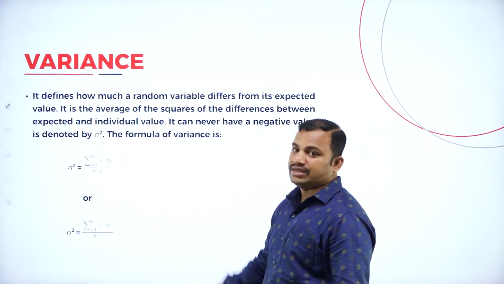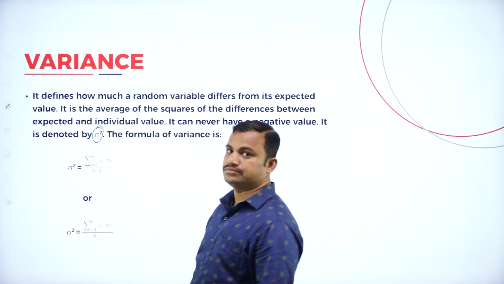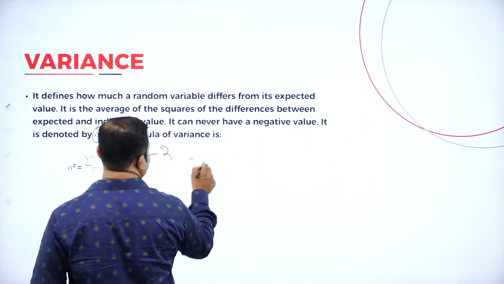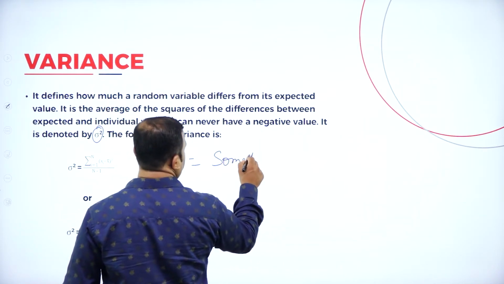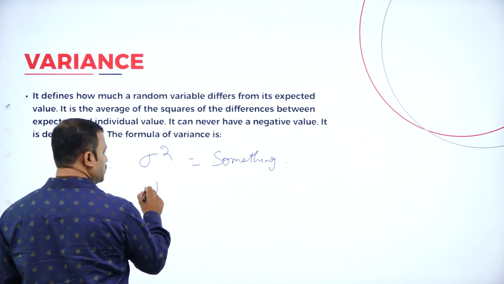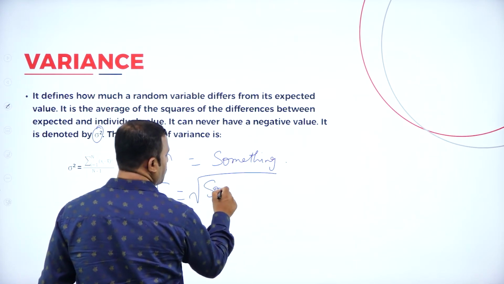So what is variance? A variance is indicated by sigma square, that is, sigma square is equal to something. If I want to find the standard deviation, then sigma becomes the square root of something.